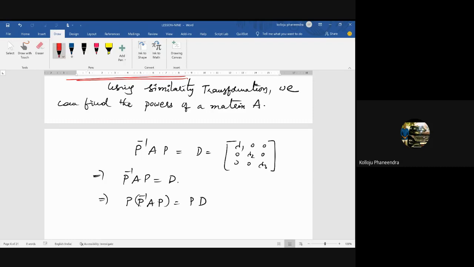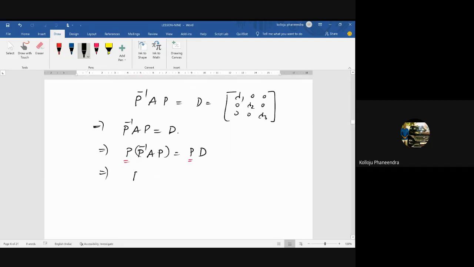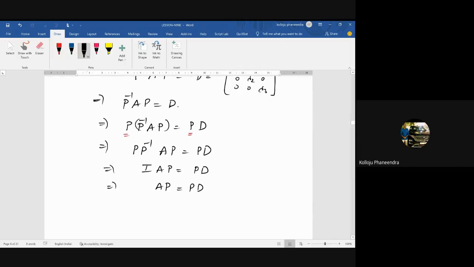Multiplying on both sides by matrix P, pre-multiplication, one can write P into P inverse AP equal to PD. P into P inverse is nothing but I, and I into A is nothing but A. This is over.